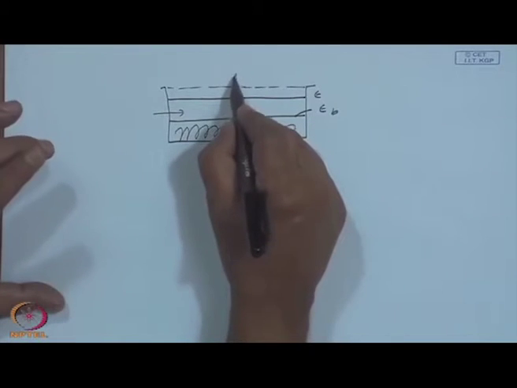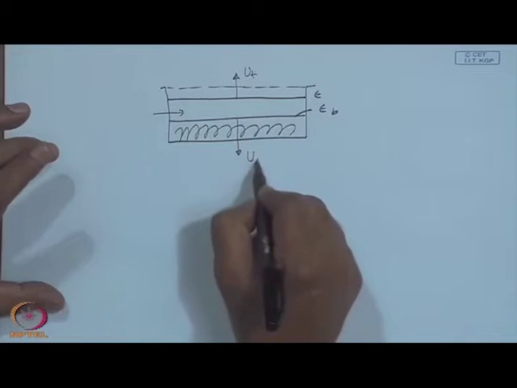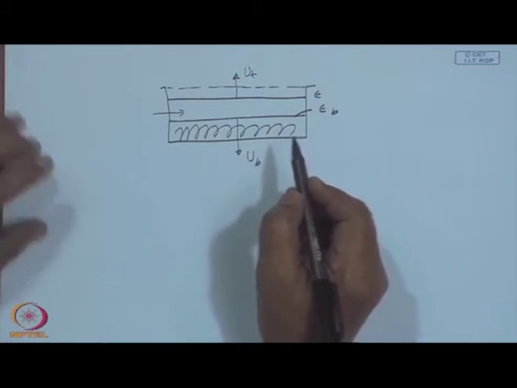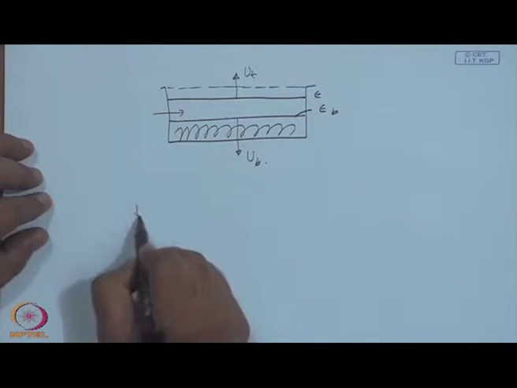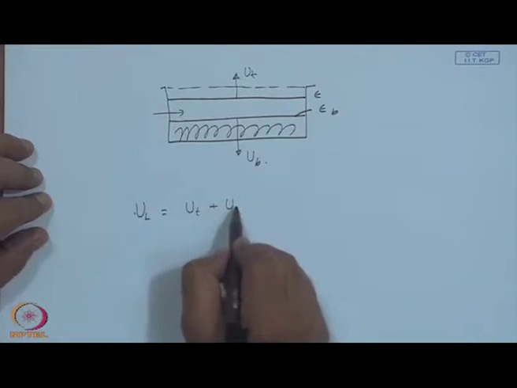This is your U t and this is your U b, that is the bottom loss coefficient. So, for this configuration you have U L equal to U t plus U b.